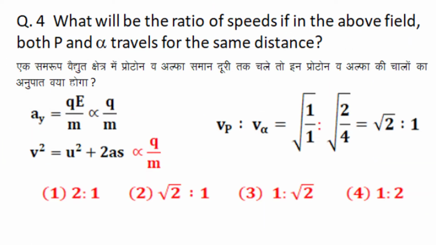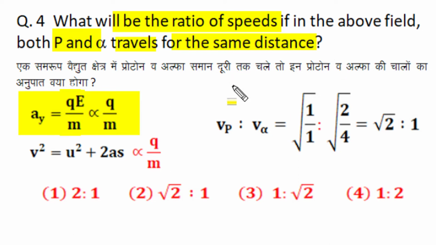If particle of previous example, proton and alpha travel in the same uniform electric field for the same distance, then we have to find out a ratio of their speeds and a ratio of their kinetic energy. Again, when a charged particle experience force in electric field, acceleration become proportional to charge to mass ratio.